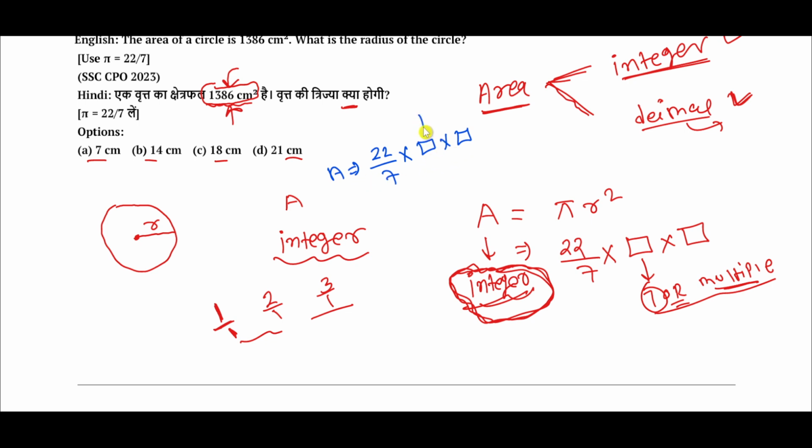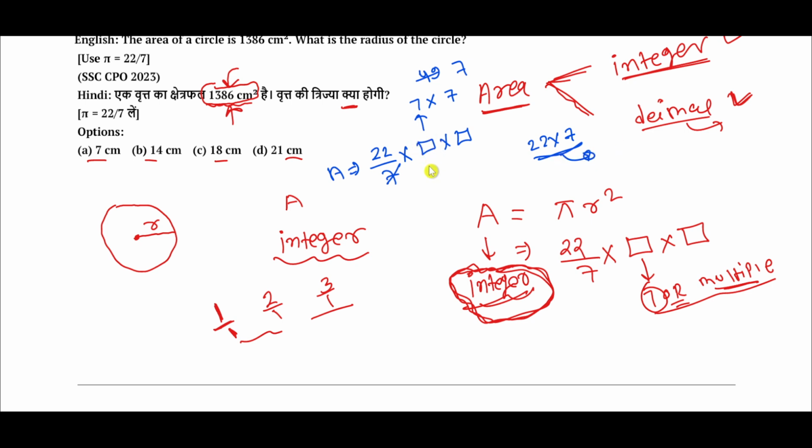If I take the radius as 7 into 7, 7 into 7 means 49. Now you can easily solve this: 22 into 7, that means also integers. The outcome of this exponential form or algebraic expression, whatever it is, will also be an integer.